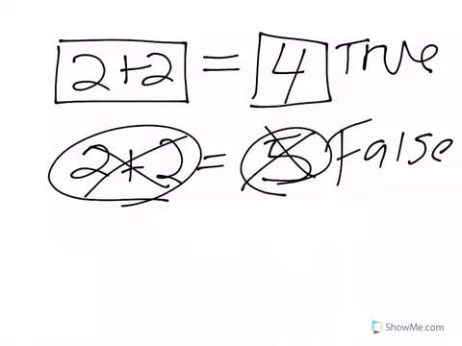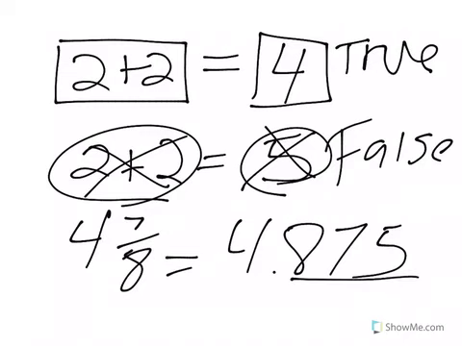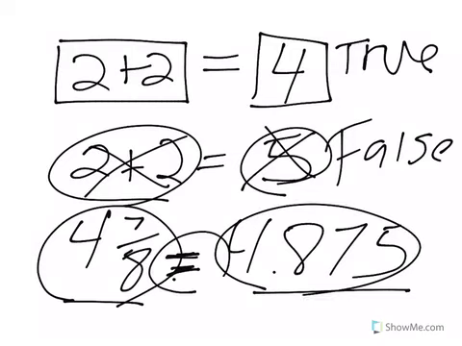You could also look and see that 4 and 7/8 is equal to 4.875. If you divided 7 by 8, you'd get 0.875 and then your whole number. So even though this is a fraction and this is a decimal, this is the same thing as this, so they are equal.